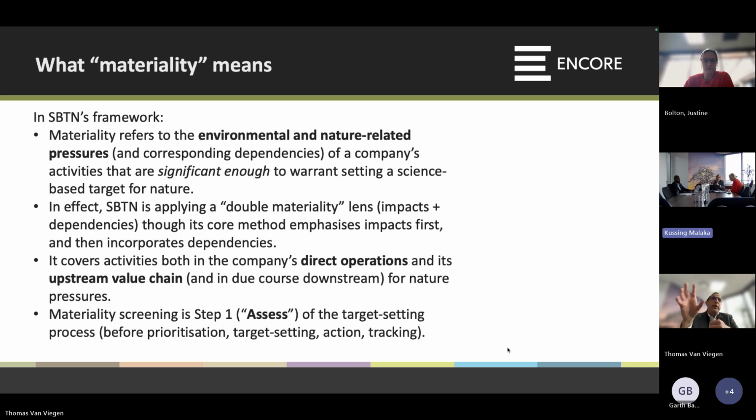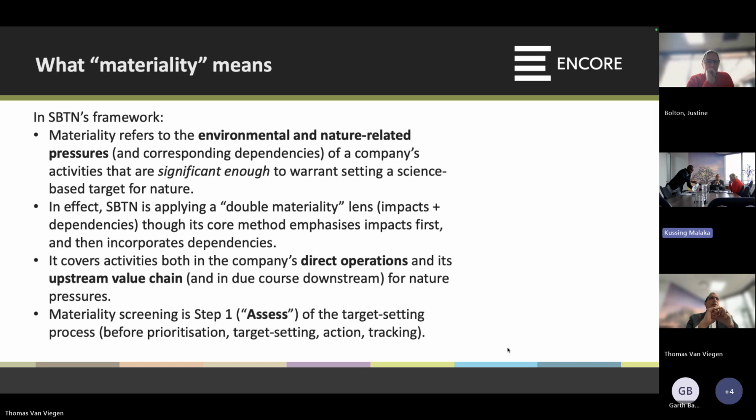So there's definitely a developmental pathway towards considering these things in terms of double materiality, looking at impacts and dependencies. It also covers companies' direct operations, as Justine alluded to earlier, so if you're looking at your boundary, your direct operations as well as your upstream value chain. And in time it will be the downstream value chain as well for nature-related pressures.